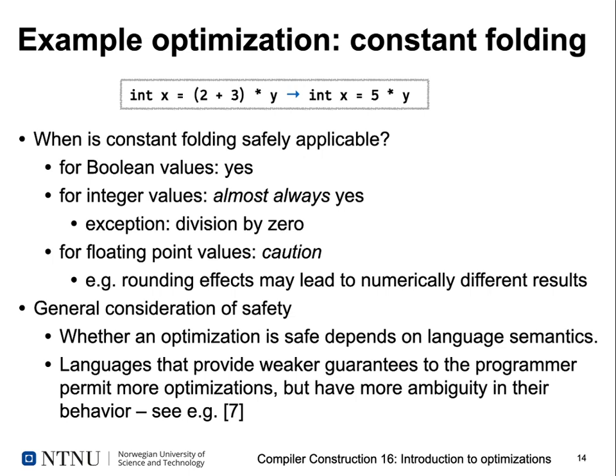So in general, you have to consider safety, but this really depends on your language semantic, whether an optimization is safe or not. And in general, languages that provide weaker guarantees to the programmer permit more optimizations, but in turn they have more ambiguity in their behavior. This is a very complex topic. We gave you a literature reference here to learn a bit more about it.